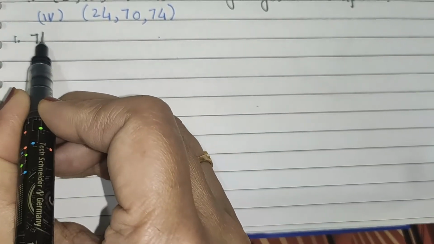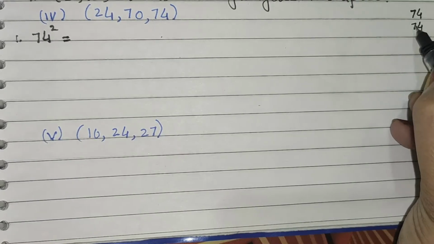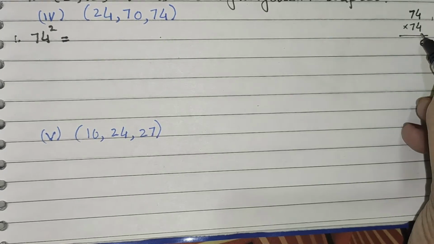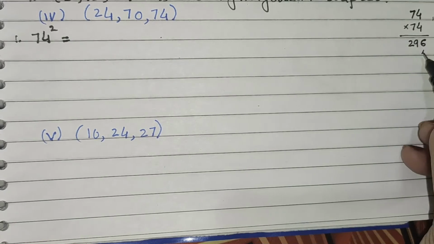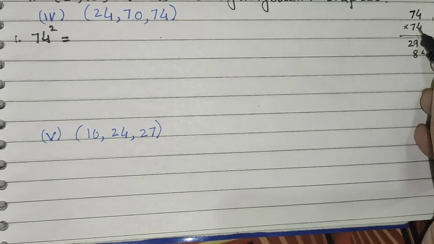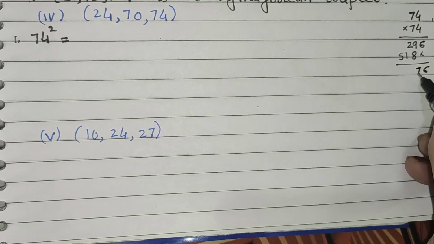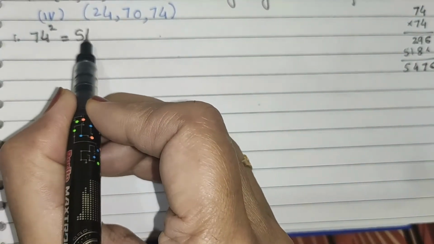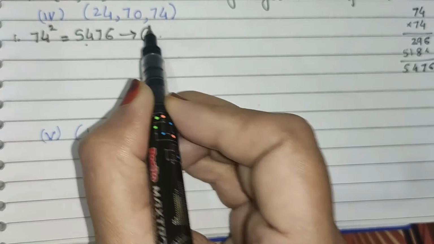Therefore, find out the square of 74. 74 into 74. 4 4s are 16, 6 carry 1. 4 7s are 28 plus 1, 29. 7 4s are 28, 8 carry 2. 7 7s are 49 plus 2, 51. We get 5476. Give it equation number 1.